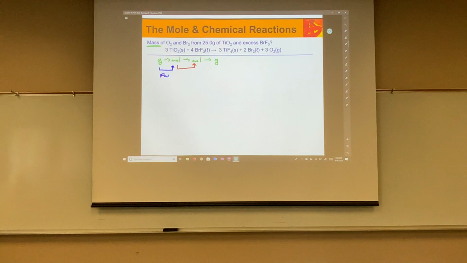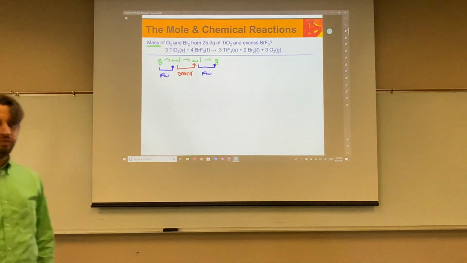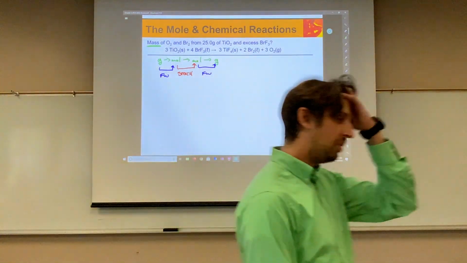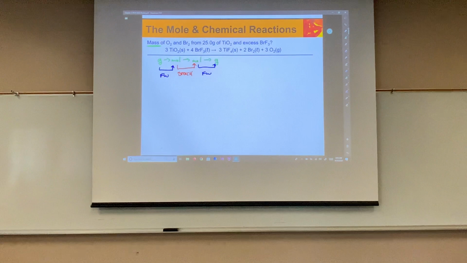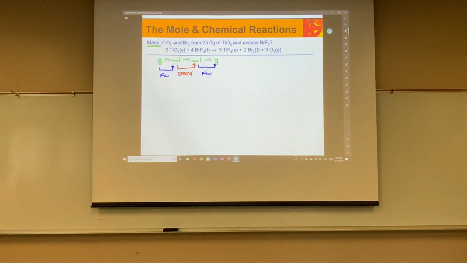So this is our stoichiometry here. And how do we convert moles back into grams? We need our formula weights again, right? You guys got it? The formula weight for Br2 and O2 is double their periodic weight. That's it.